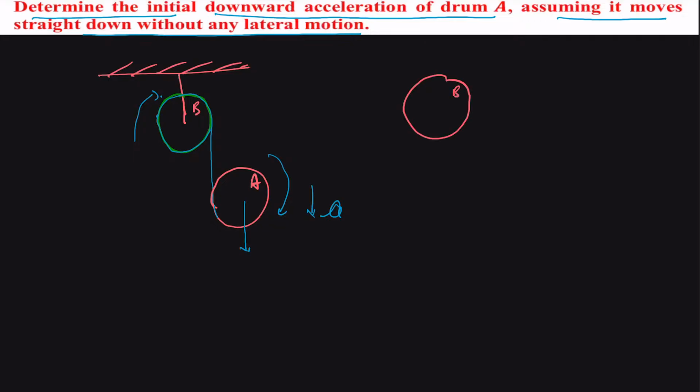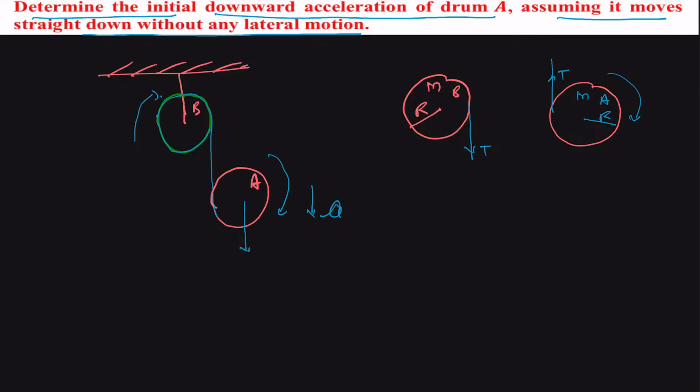So we have our B, and the mass is given as capital M. Its radius is capital R, and there will be tension T. Similarly we can draw for our A, it has a mass M. Its radius is the same, R, and it is connected with the same tape, so the tension will be T, and it will be rotating.